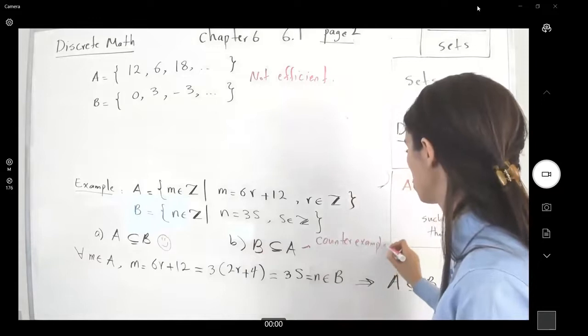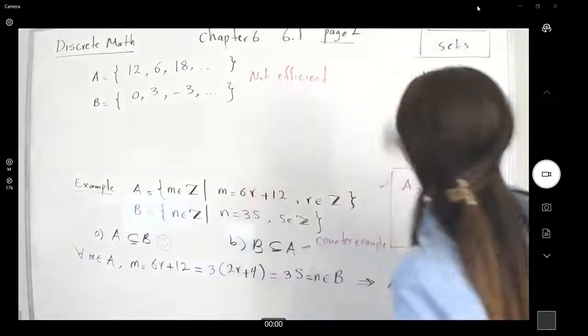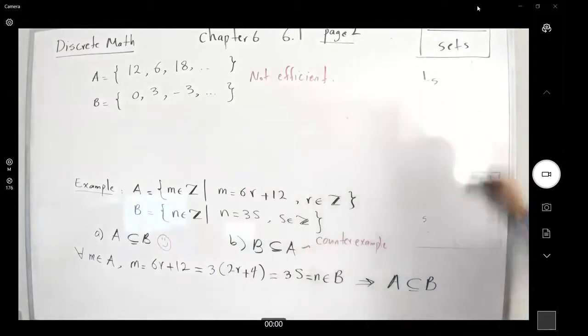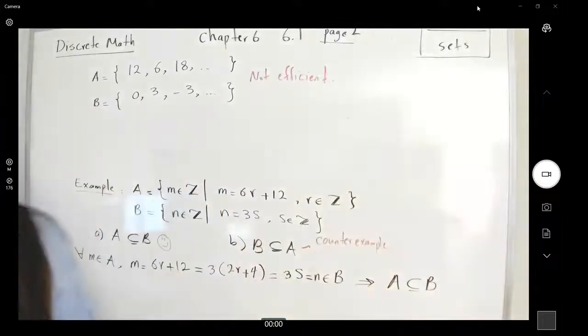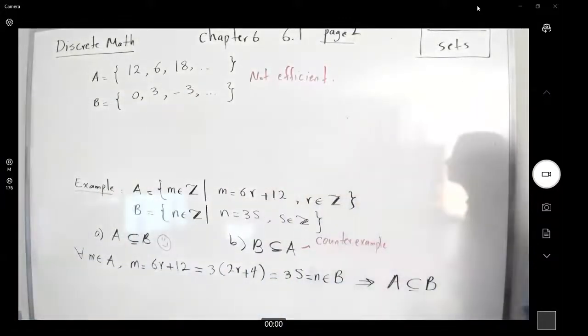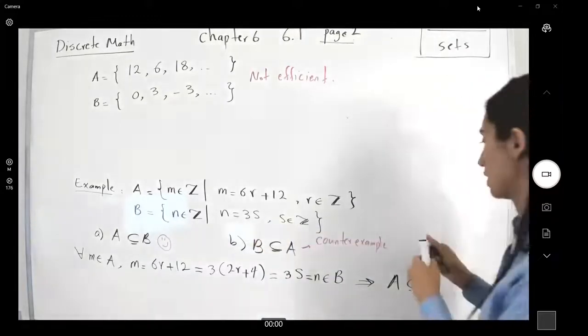Counter example. This is a general statement, and I would like to disprove this. Okay, what is your counter example? The counter example is using n, set it equal to 3.